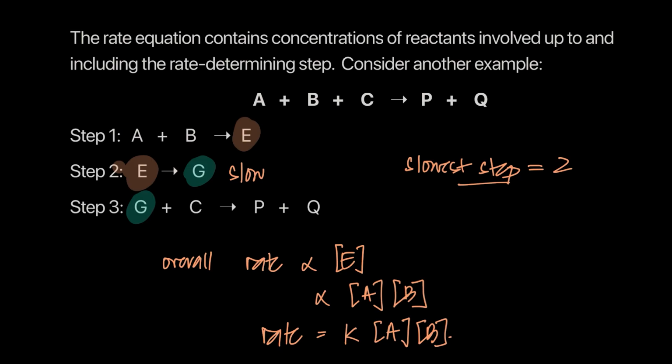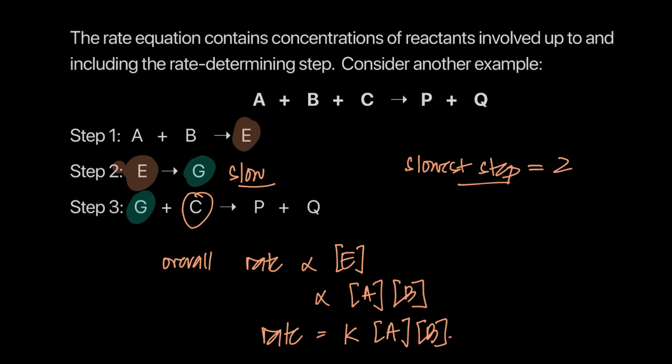So any reactant that occurs after the slow step is never going to be part of the rate equation. The reactants that come in at or before the slow step either will be directly involved or will be responsible for making the intermediate. So they are a part of it, A and B. But C is after the slow step, so it will never be part of the rate equation. So the rate equation is simply the rate equation of the slowest step.